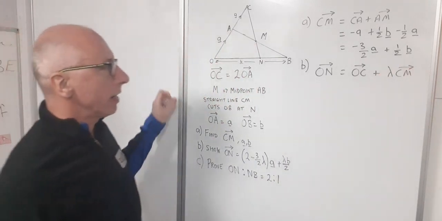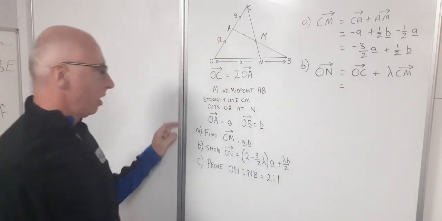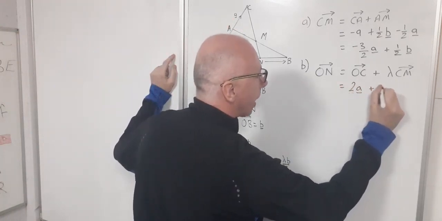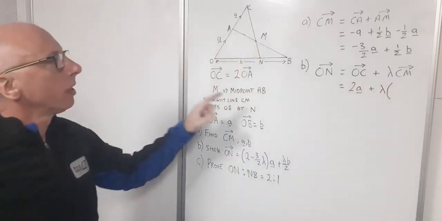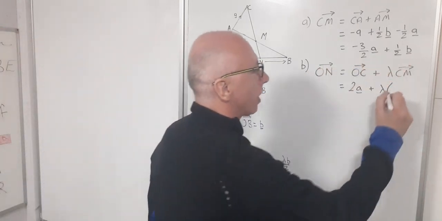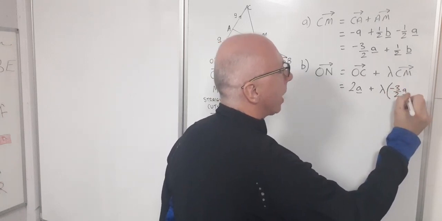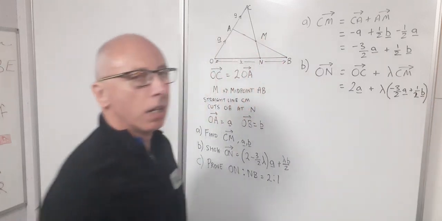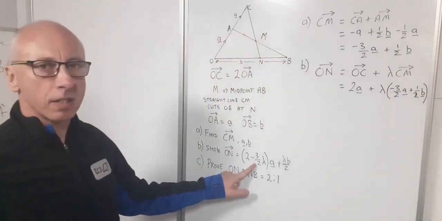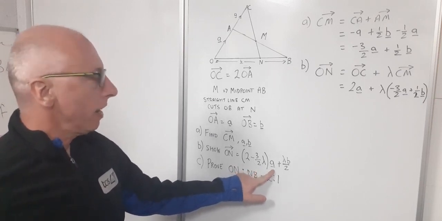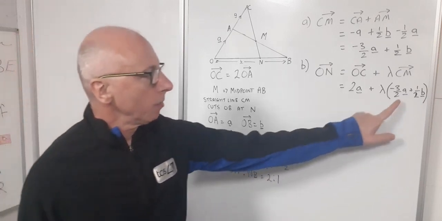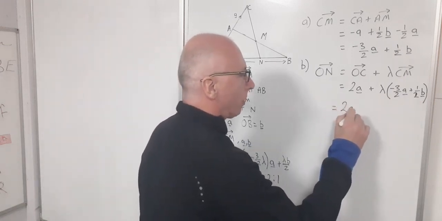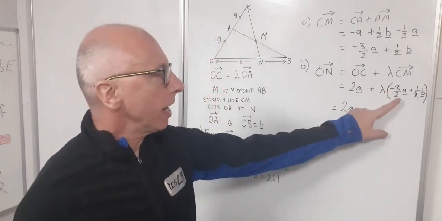Okay, right, let's work out what that is. So OC, what is OC? That's 2 times vector A. And then we add lambda times CM, which is this. So that's minus 3/2 vector A plus 1/2 of vector B. Okay, right. Now I want to get that into this kind of format. So we need to get the A vectors and the B vectors separate. We've got them inside this bracket here, so let's move them around a bit. So we've got 2 times vector A minus 3 lambda A over 2.